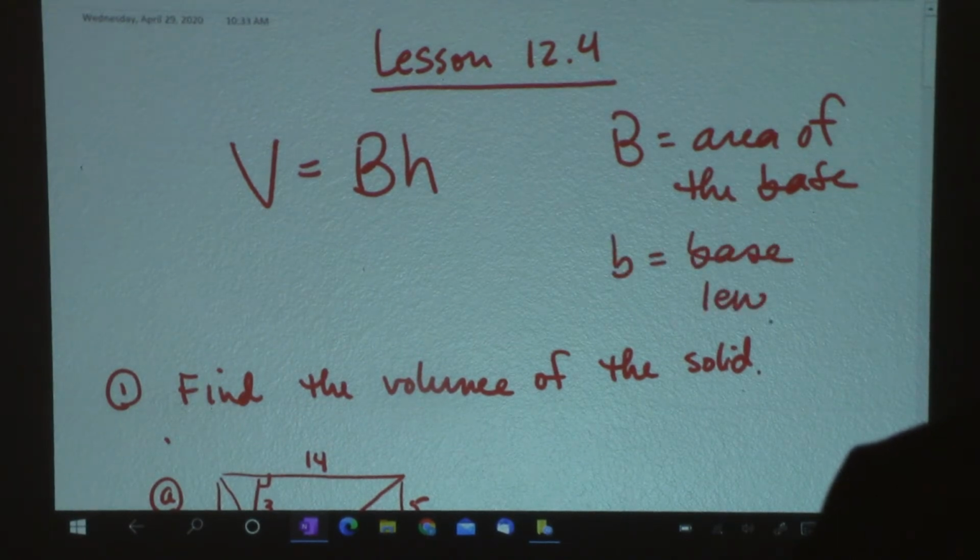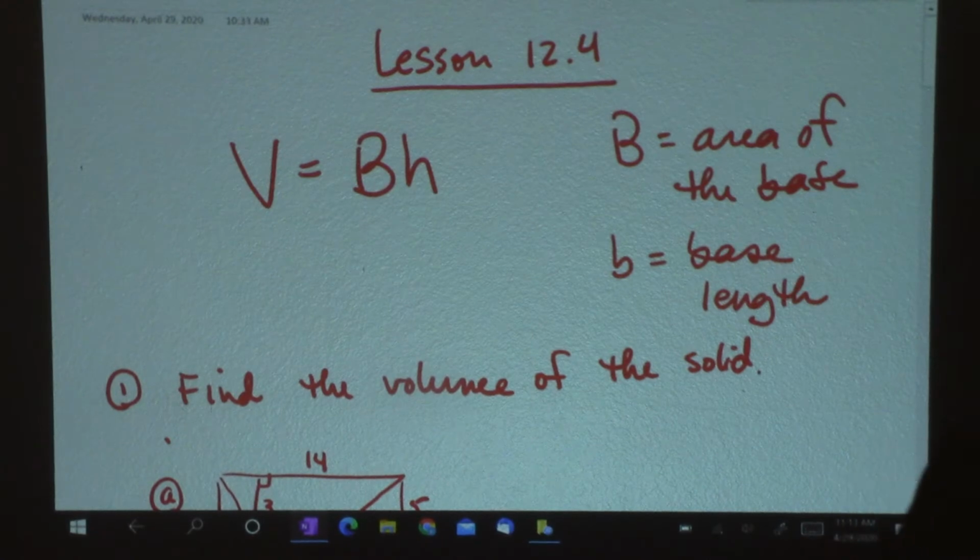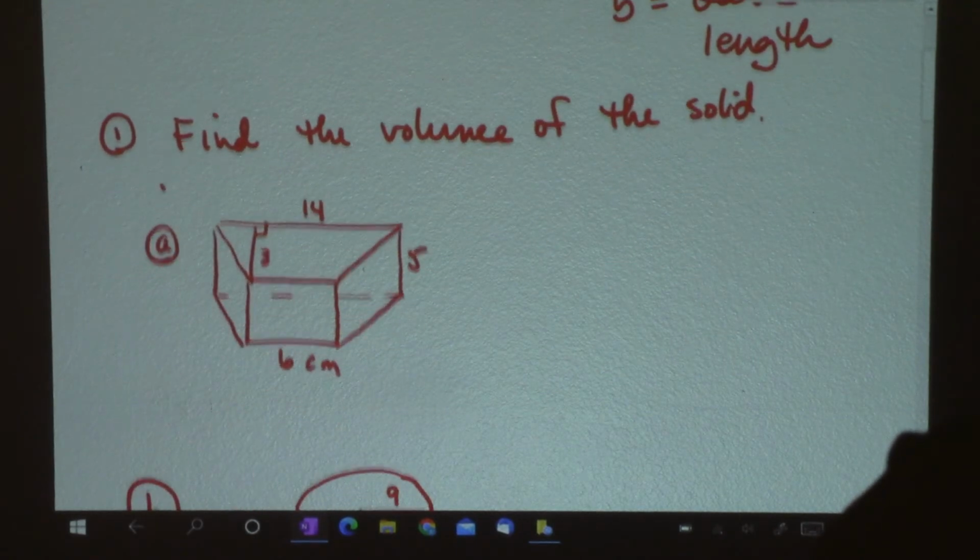Whatever shape is the base, that is the 2D shape formula that you're going to use. So whether you have a rectangle or a triangle or a pentagon or a circle, the area of the base is the big B.